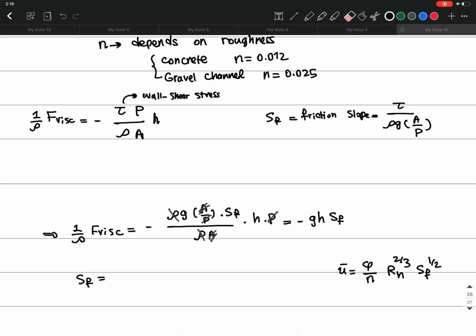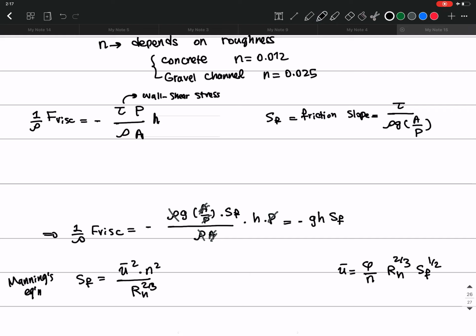So we are going to get U bar squared from Manning times N squared over RH to 4/3, sorry, 4 over 3, and assume that phi is 1.